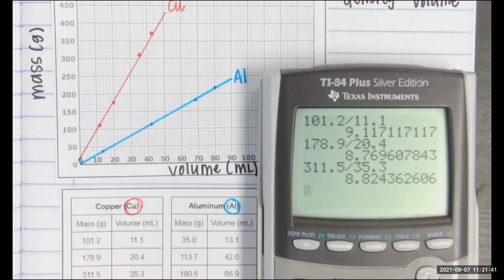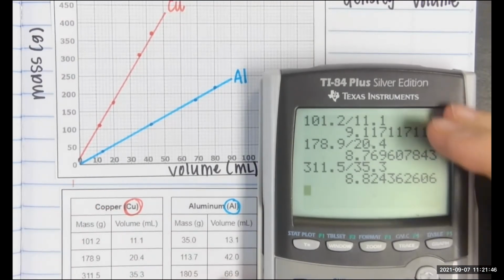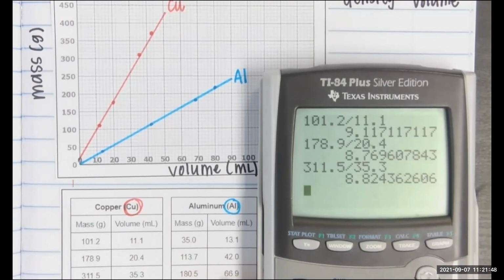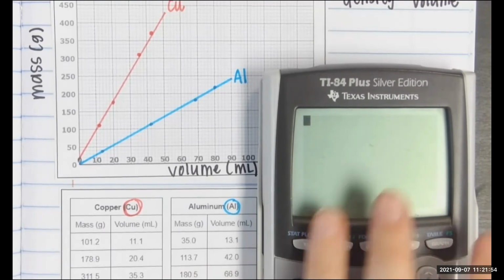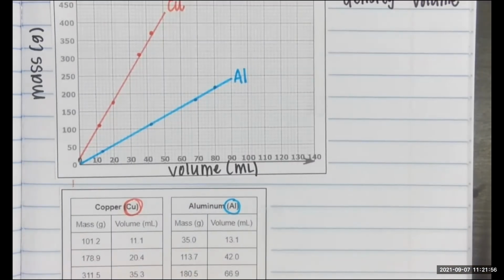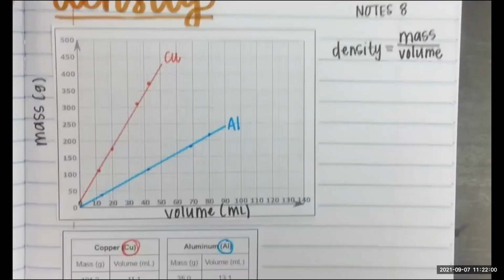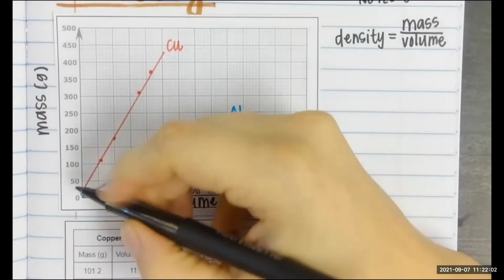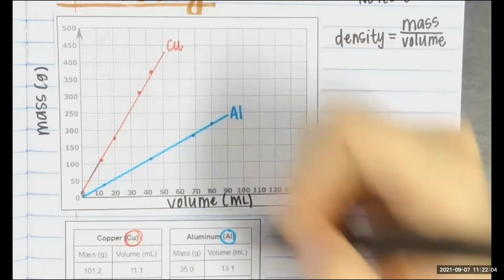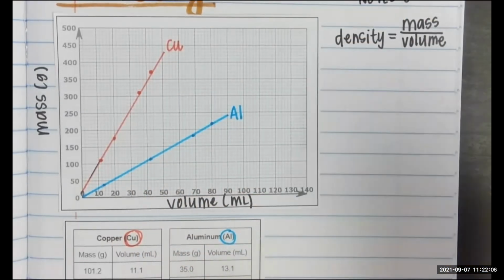So they're very close to each other, but the best way that I can find the density without having these fluctuations is if I were to take the average of all of them. Same thing with the aluminum. So instead of just picking a specific point and doing mass over volume, what we're going to want to do in this case is look at our line of best fit, going off of what we learned in that first homework assignment.